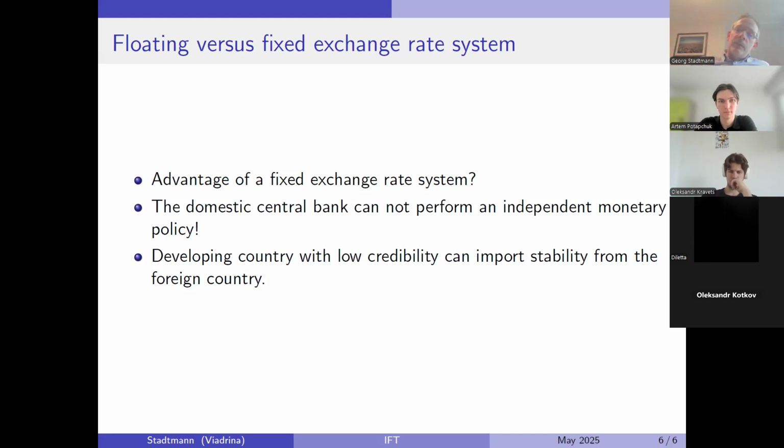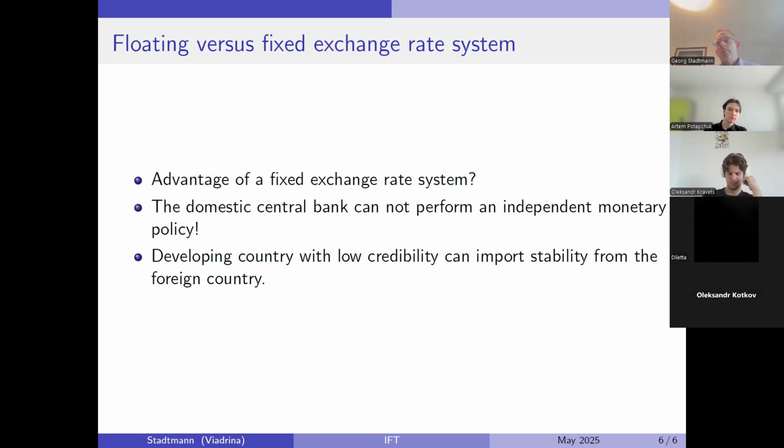And this is sometimes a good thing because when a politician is standing with a weapon in front of the central banker and asking the central banker to print money in order to buy government bonds, the central banker can say, hey, I cannot do that.